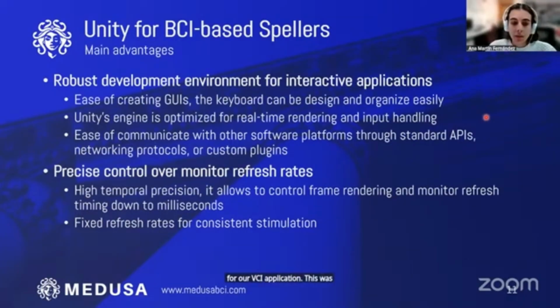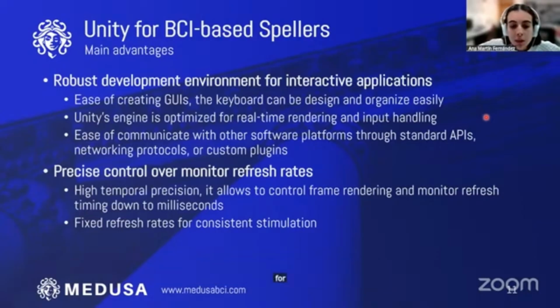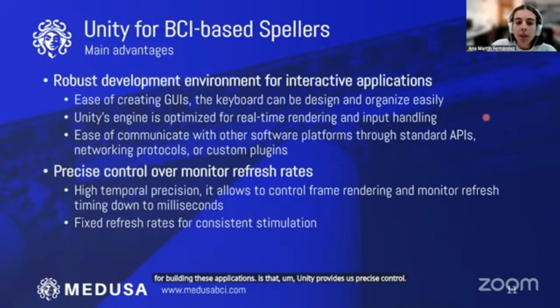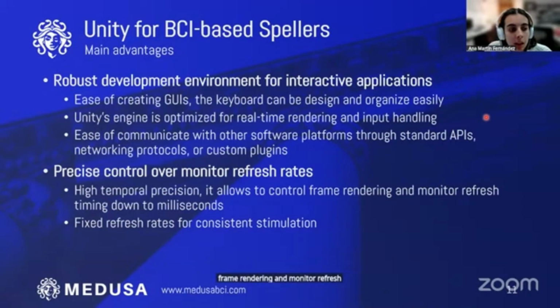This was the first reason, and the second reason why Unity is so useful for building these applications is that Unity provides us precise control over the monitor refresh rate. It allows us, with a high temporal resolution, to control frame rendering and monitor refresh rates even down to milliseconds. As we said before, in c-VEP stimulation, it is quite important to have a fixed frequency of stimulation.